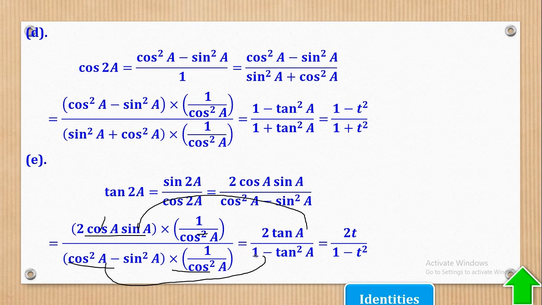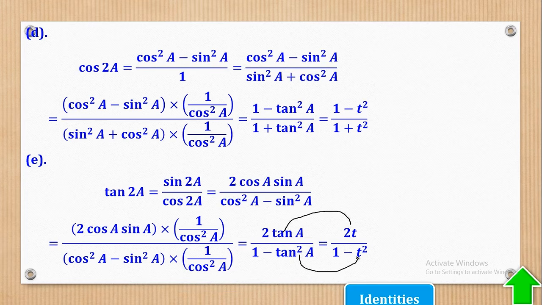Then this with this gives you tan squared A. But we know that t is equal to tan A, so this becomes t and this becomes t squared, and that was the required proof.